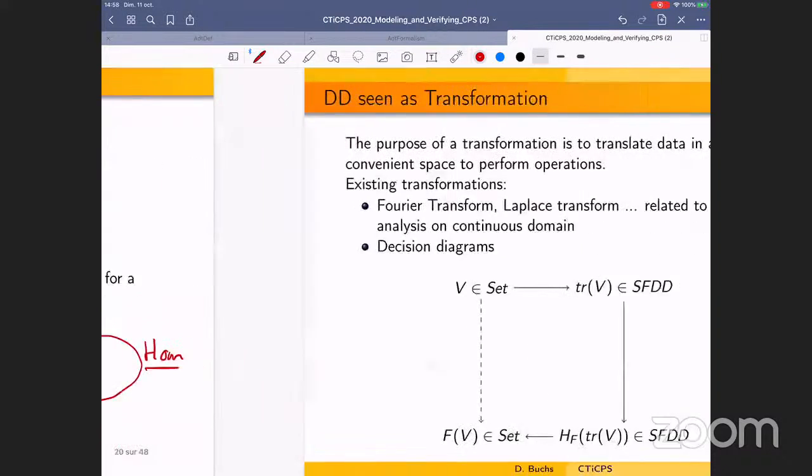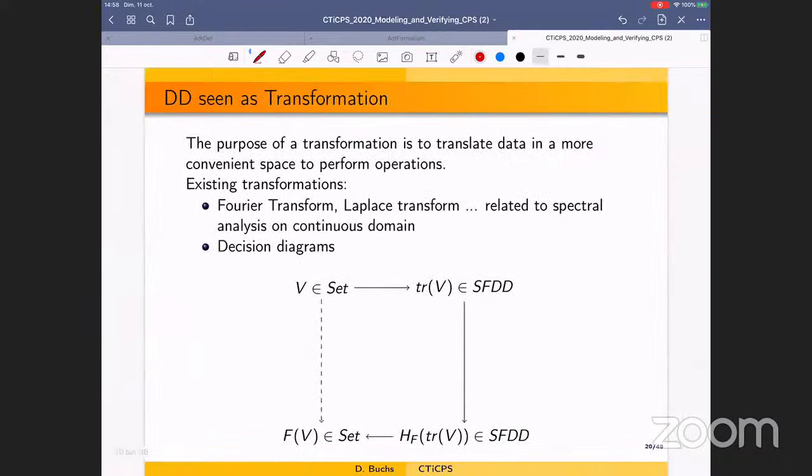Because the idea is that I would like to represent a set of states, but the idea is to transform this set into a representation that is really much simpler, and it's also much simpler to apply transformations on this subset to produce a new subset.